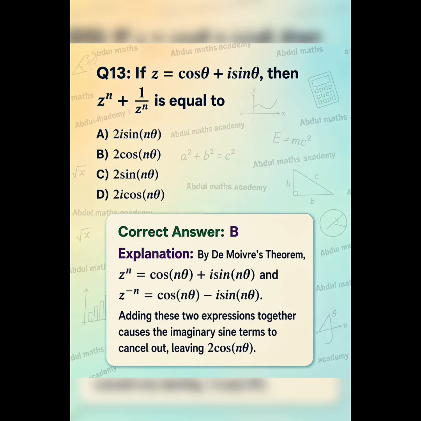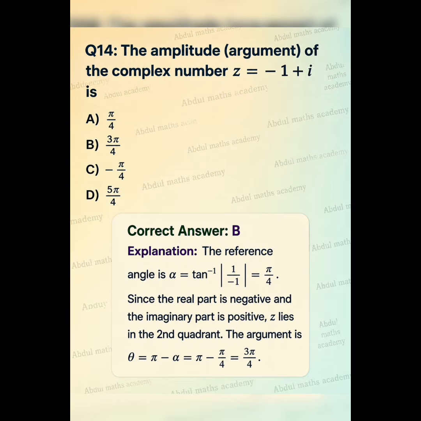As cos is an even function, cos of minus n theta is equal to cos n theta, and sin of minus n theta is equal to minus sin of n theta. By adding them, we cancel the value of sin theta from both, so z power n plus z power minus n is equal to 2 cos of n theta, which is the correct option.